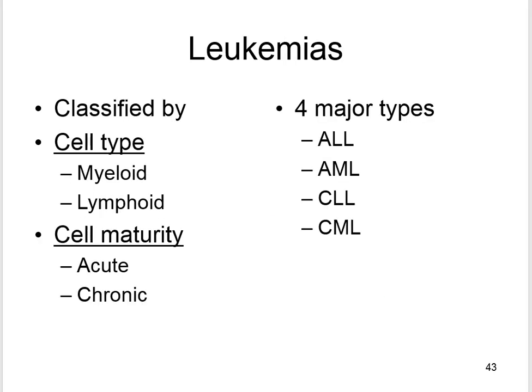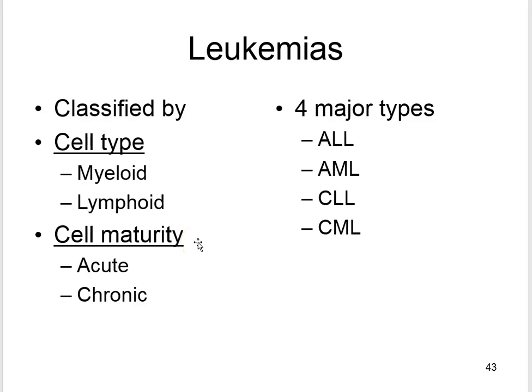Now, the leukemias are classified in 2 ways. Cell type: they can be myeloid, which is the granulocytes, the monocytes, and the megakaryocytes, or lymphoid, where you find your T and B cells.